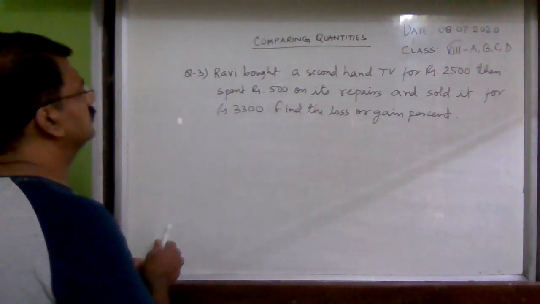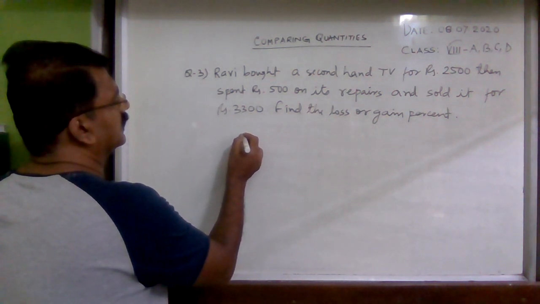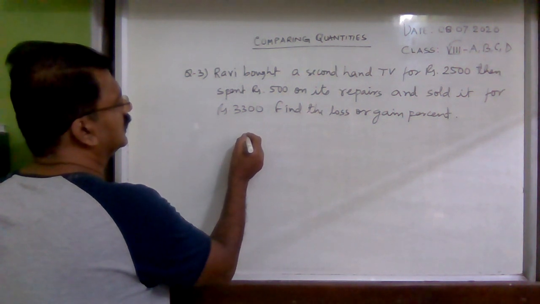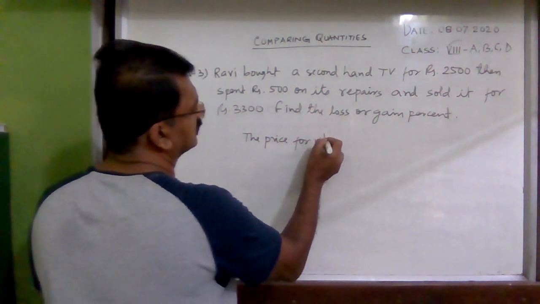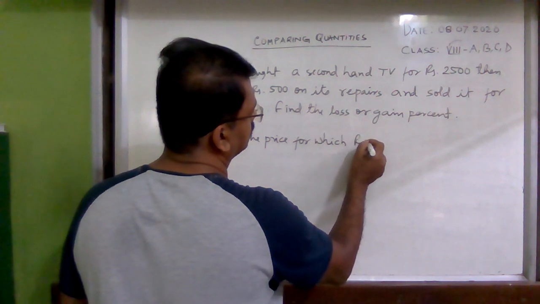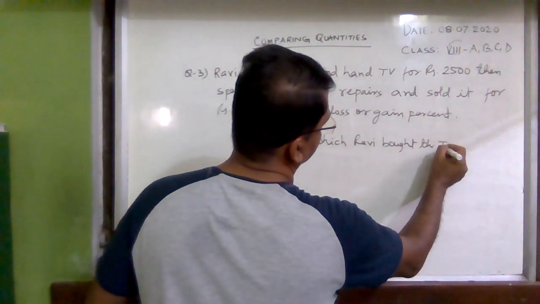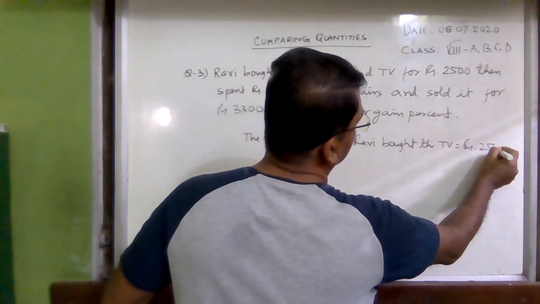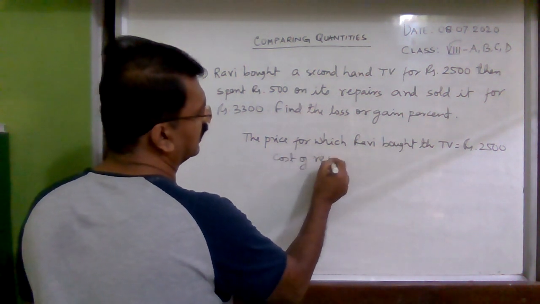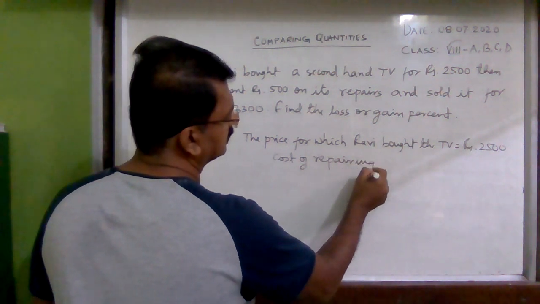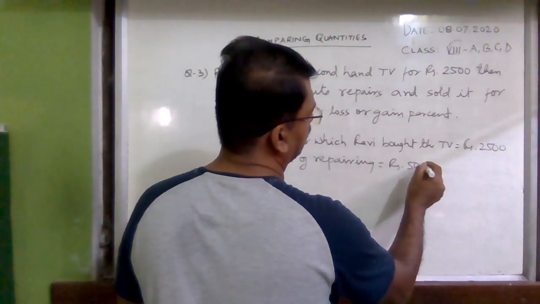Okay, so now the price for which Ravi bought the TV, rupees 2500, cost of repairing, rupees 500.